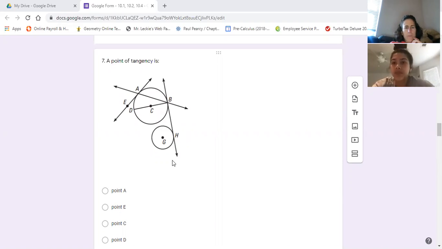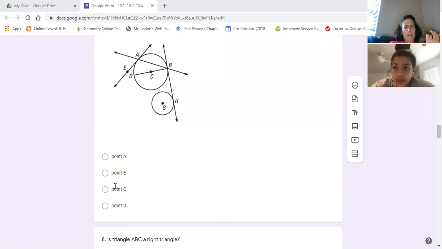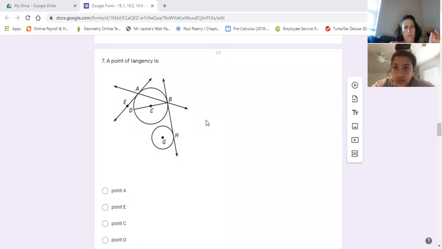This line right here, H, is actually tangent, and the point of tangency would be point B, because that's where it touches. But B is not an option. You have E, C, D, and A. So E wouldn't be it. C is the center. And D is a point on the circle, but there's no line through it. So it'd have to be A.